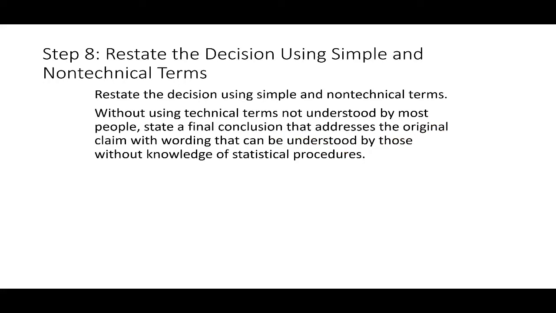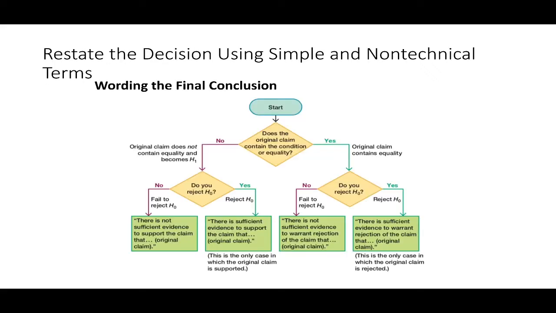Finally, after that, we always have to make our conclusion in non-technical terms, which can be understood by anyone without knowledge of the statistics process. So this is the final conclusion wording we can write. Start here. Now there are two different directions.